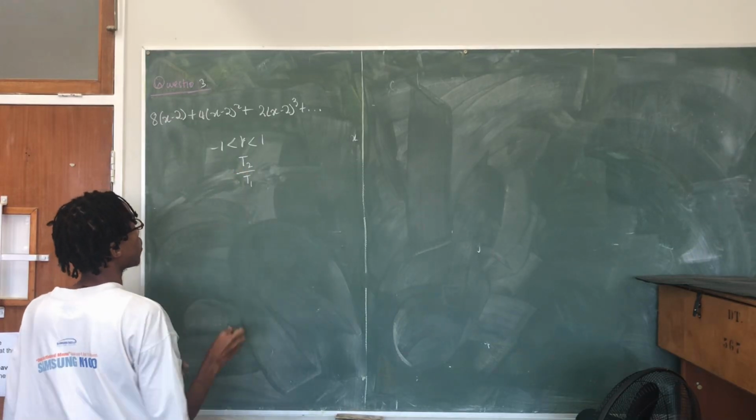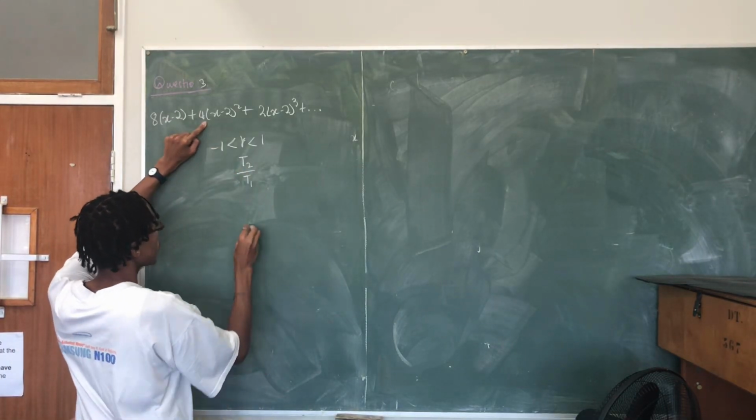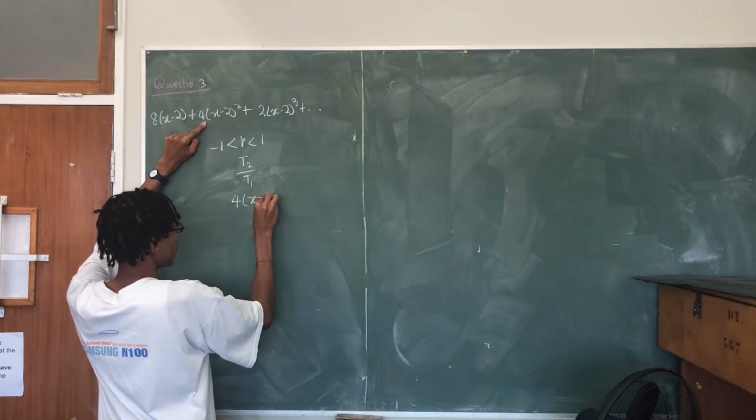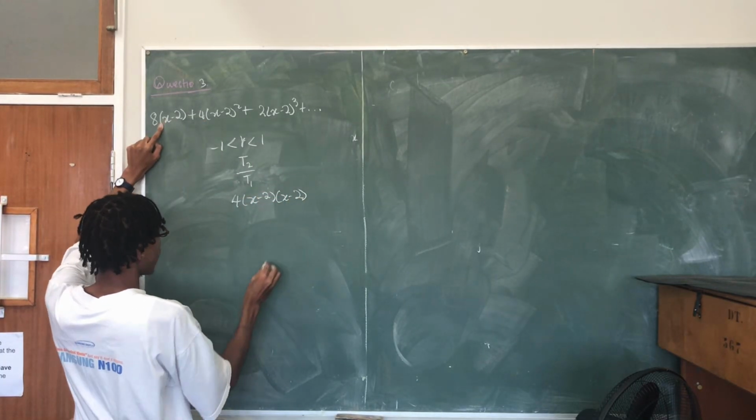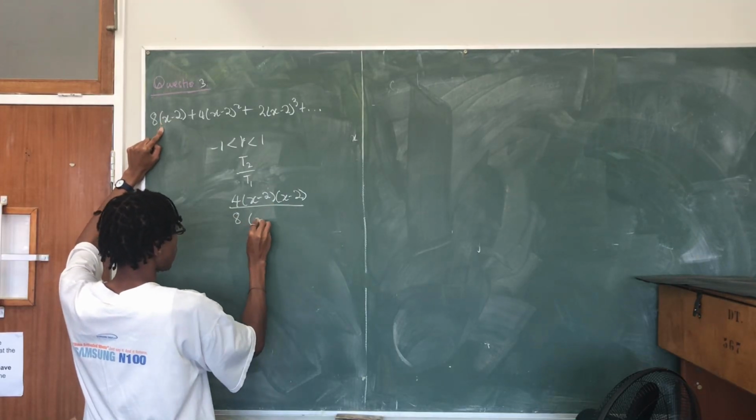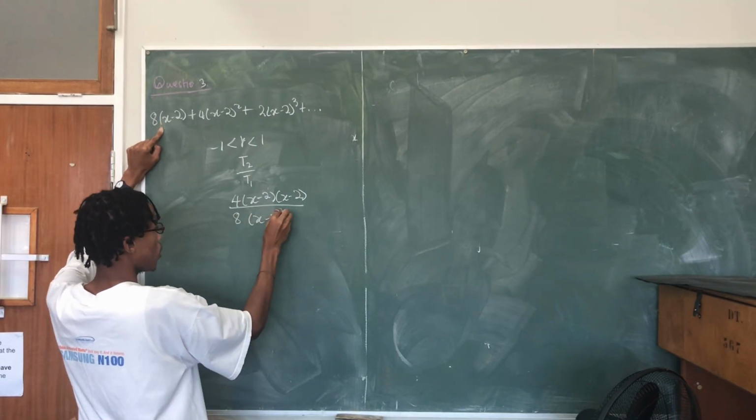Our second term is going to be 4 times (x minus 2) over 2. Then our first term is going to be 8 times (x minus 2).